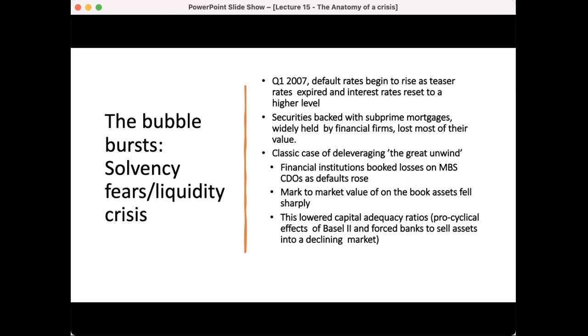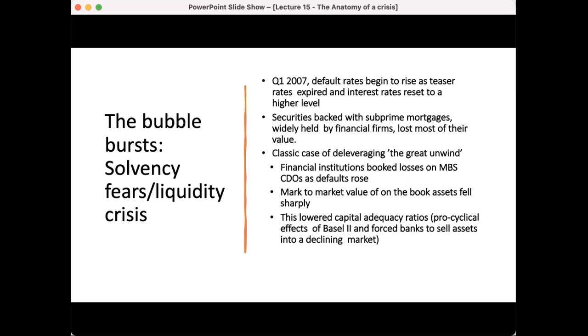So there's a race to sell the assets. The price of the assets is going down, so you need to sell them at a level where you get some money back in a declining market, which means everybody is entering the market at the same time to sell enormous amounts of CDOs, referred to as the great unwind.